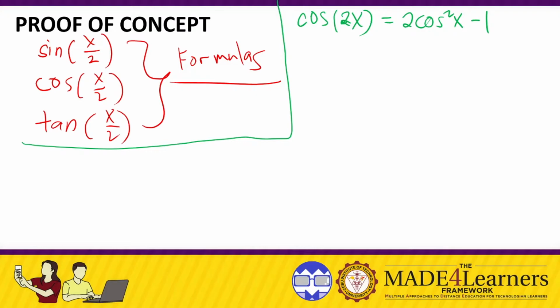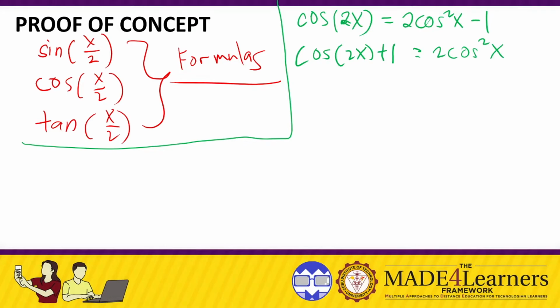Our goal is to have a function on the left side of the equation which does not contain the double angle. So we simply transfer the 1, and we'll have cos 2x plus 1 equals 2 cos squared x.